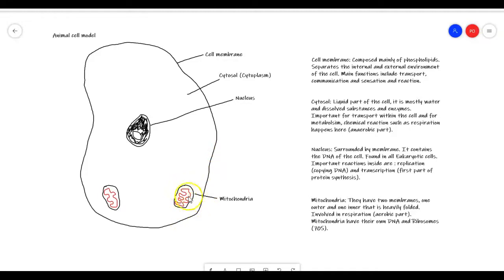The idea is that they weren't broken down and killed, but instead generated ATP and were resistant to being killed within these animal cells. And then they started to cooperate with each other. They had a safe environment inside animal cells and got sugars and so on from the animal cell, and then generated ATP for the animal cell. So it's win-win for everyone. That's a symbiotic mutualistic relationship, but that's something we'll get to later.